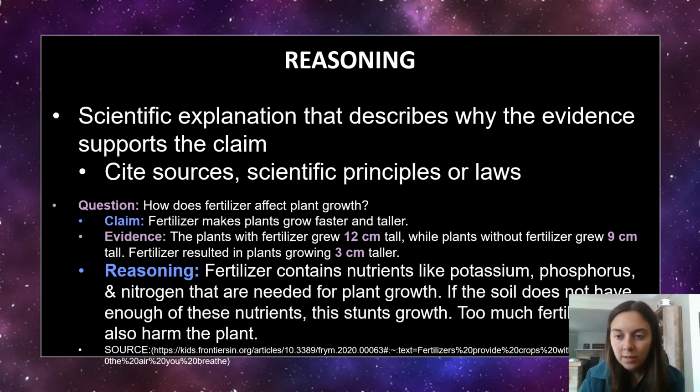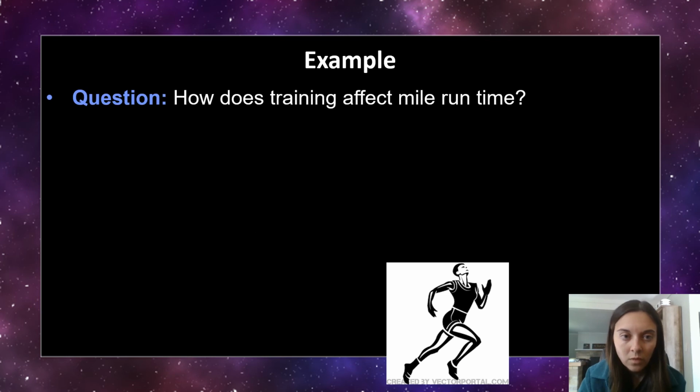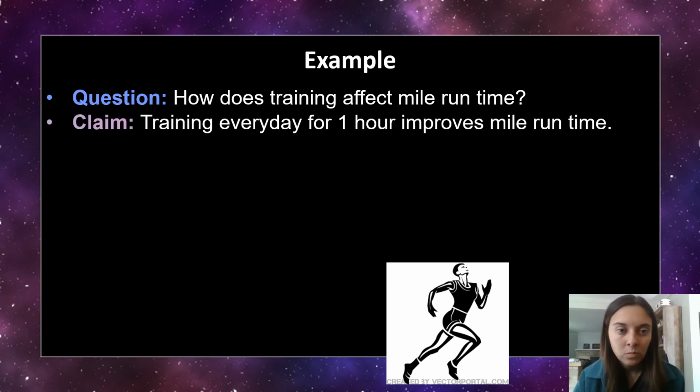Okay, let's look at one more example before we wrap up. Here's my question. How does training, as in like running, affect mile run time? Claim, okay? The claim comes after you have done an experiment, got your data. I'm looking at my data table and I see that training every day for 1 hour improves mile run time.